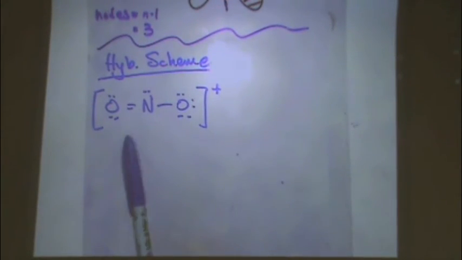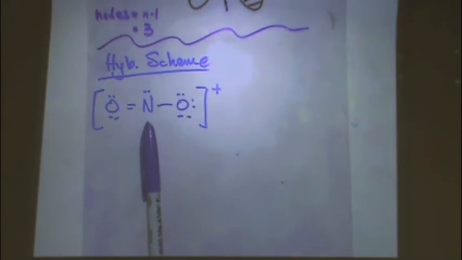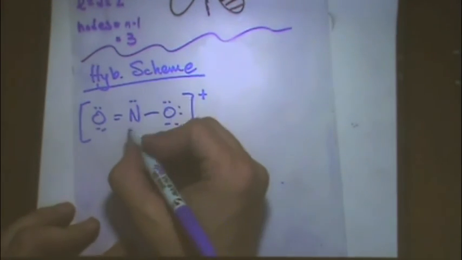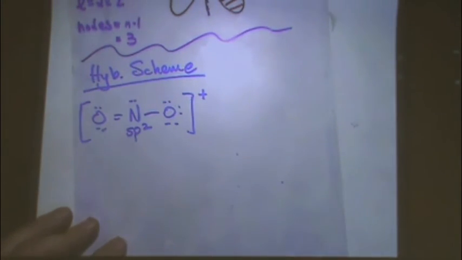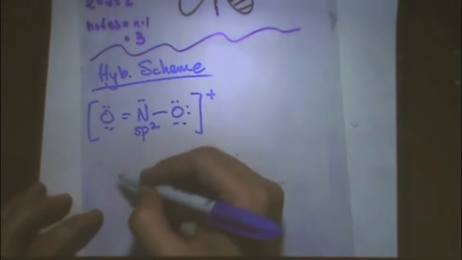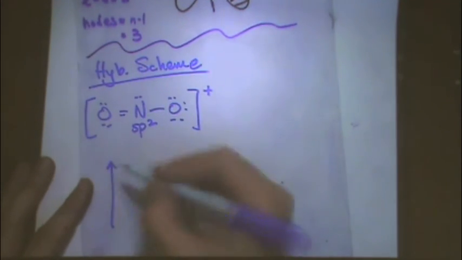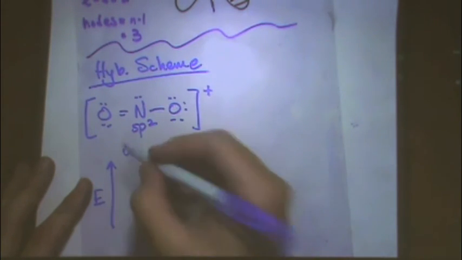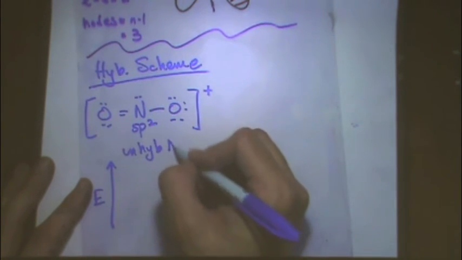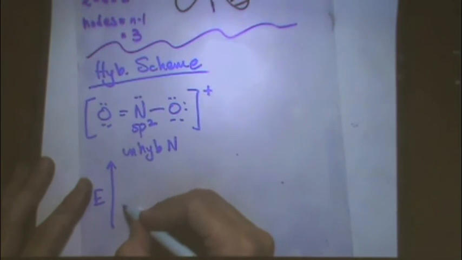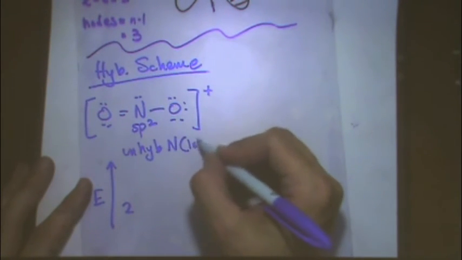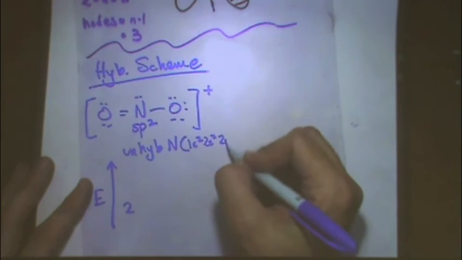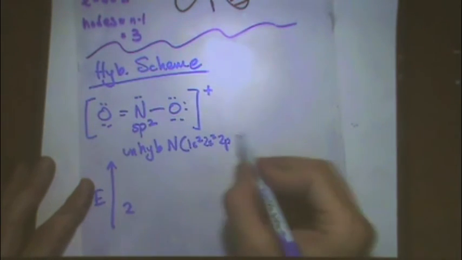Okay, let's move on. What's the hybridization of that nitrogen? sp2. We could ask you to draw the hybridization scheme. That's one thing I forgot to do. So, what you would do on the left-hand side, you'd probably draw the normal or unhybridized nitrogen, which is, let's write the configuration 1s2, 2s2, 2p what? 3.